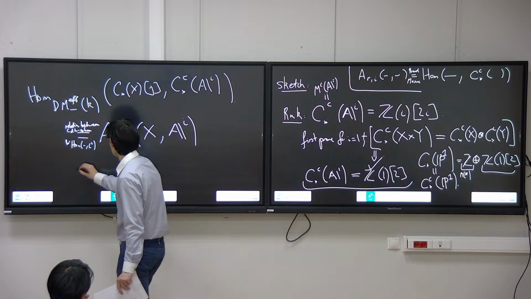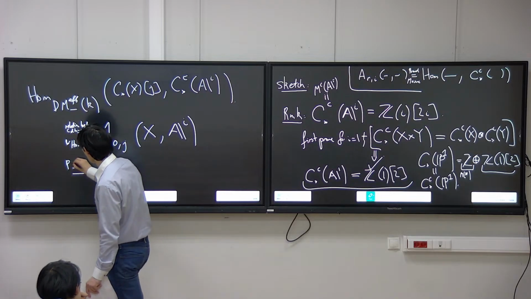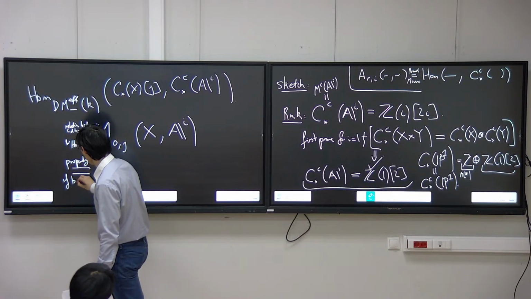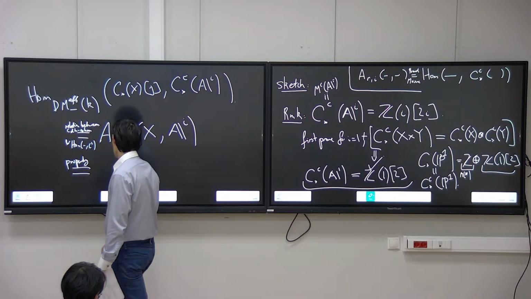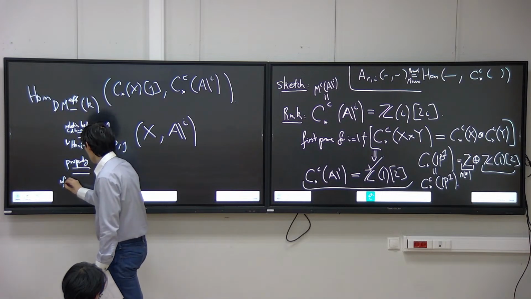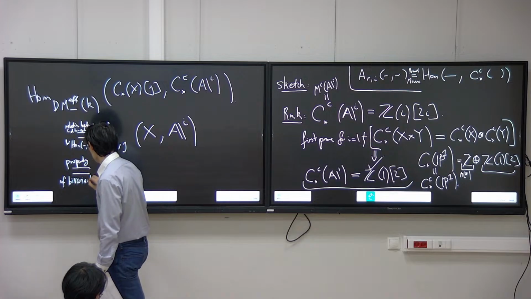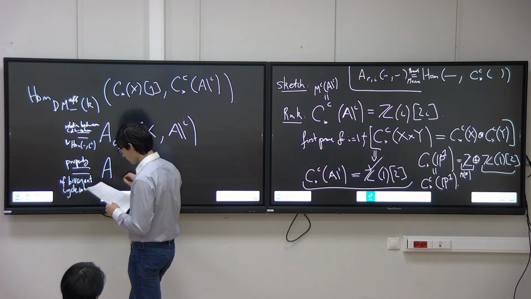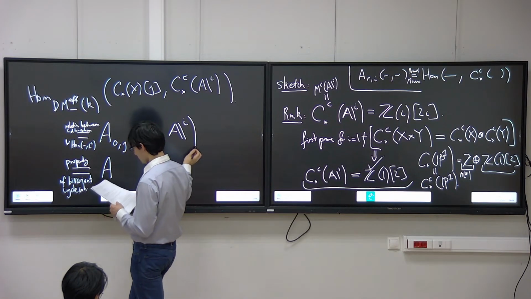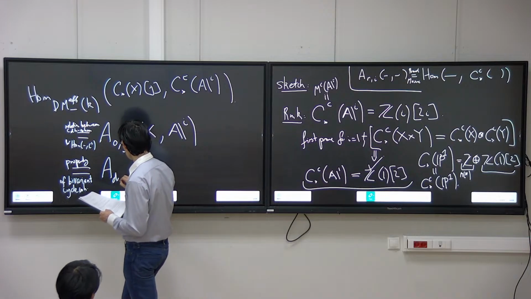And now, by using some property of bivariant cycle cohomology, this A0J is the same as A, you can take the X onto the left-hand side, but then you have to switch indices here.